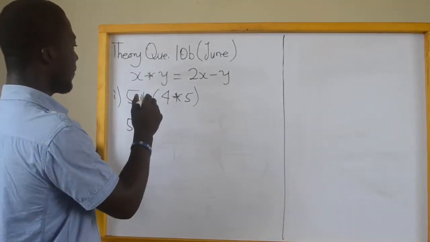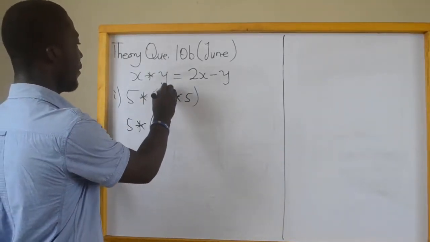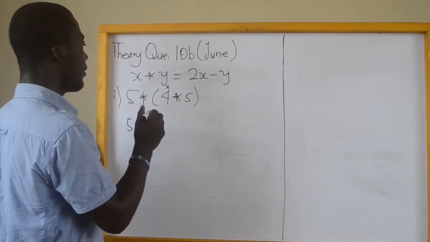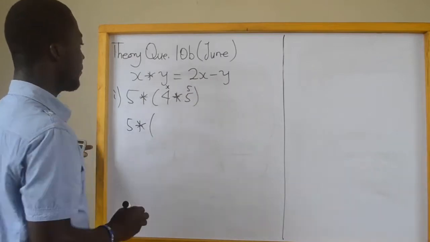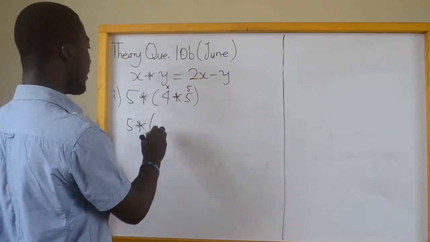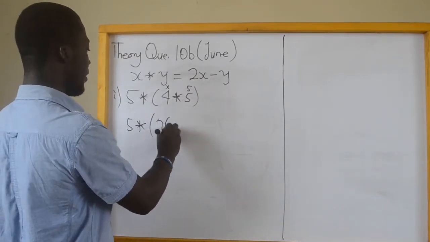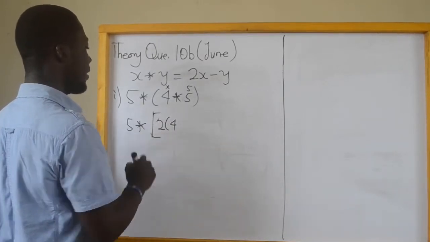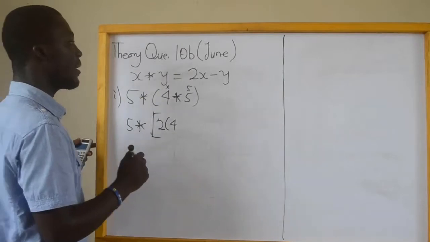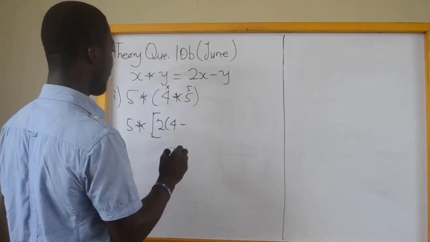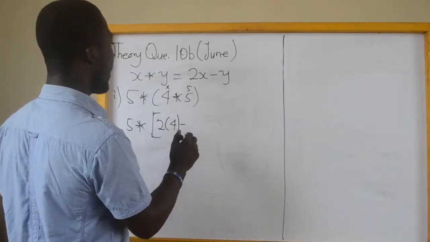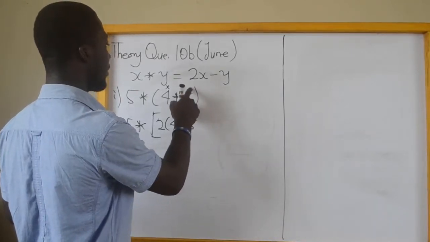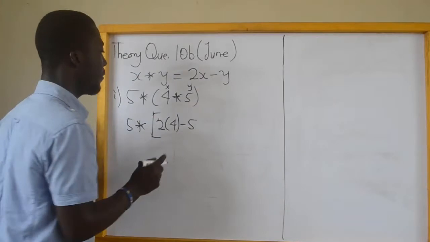Our x will be 4 and our y will be 5. So we are going to get 2 into bracket 4 minus y, which is 5.